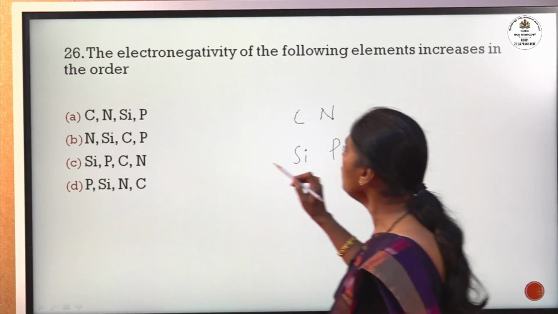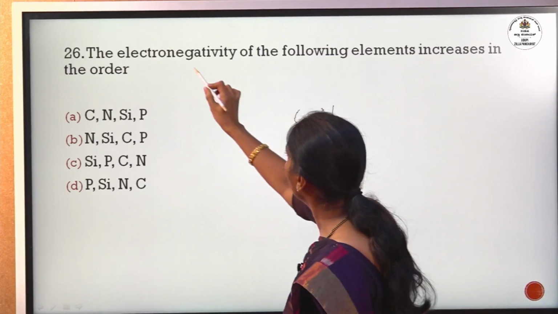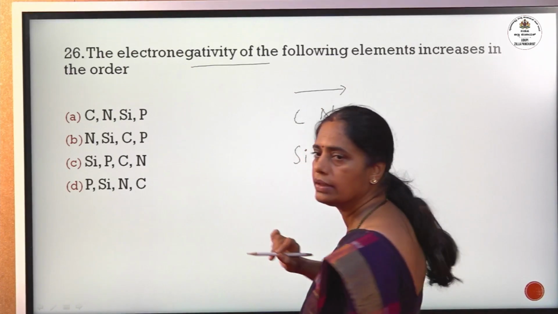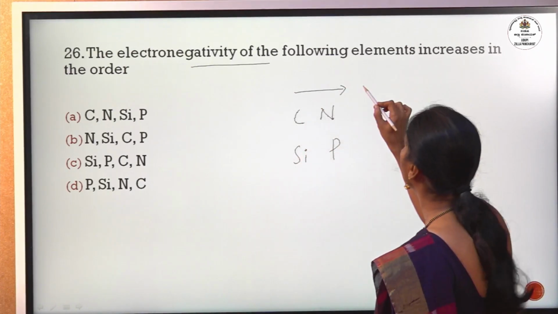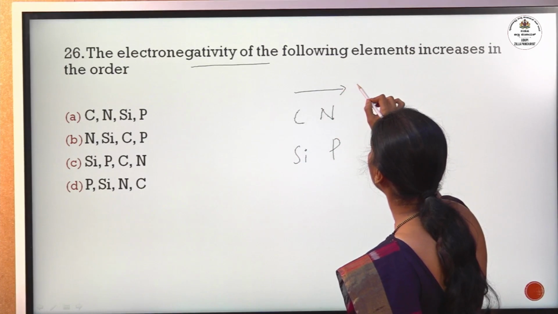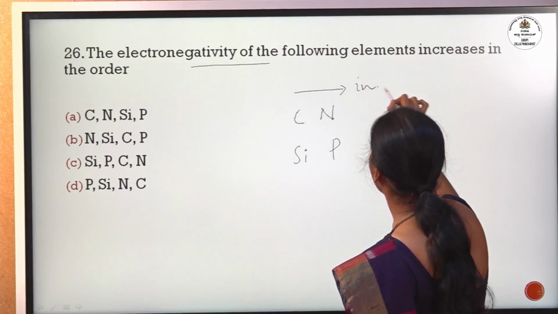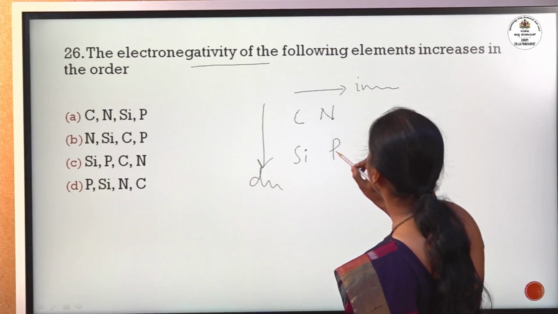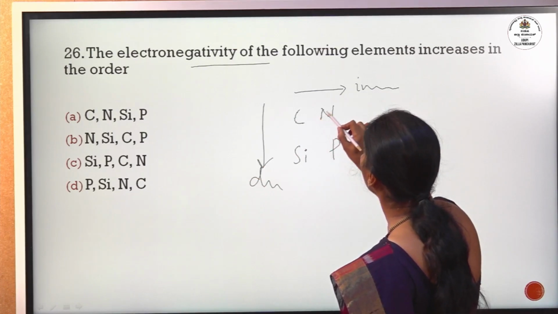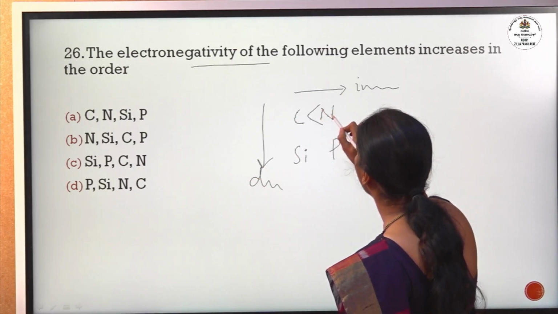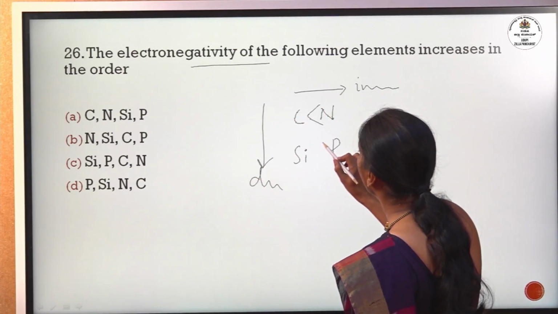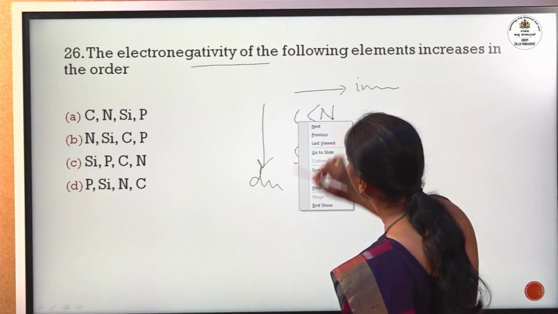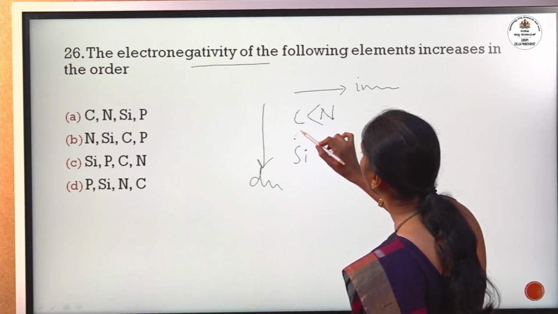Now, as we move from left to right, electronegativity increases. From top to bottom, it decreases. So the electronegativity of nitrogen is more than that of phosphorus, whereas the electronegativity of carbon is lesser than that of silicon.